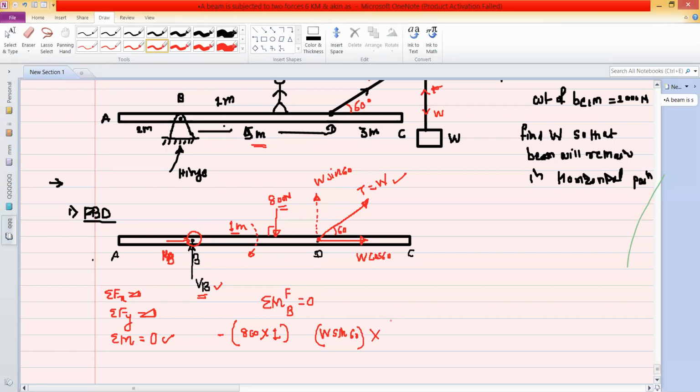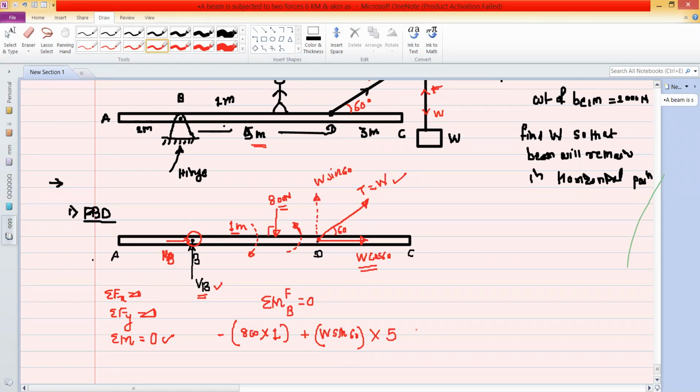And this moment will be anticlockwise about the point B, so it is positive. Next is W cos 60, that is the horizontal component of the weight or this tension. Its line of action will pass through the point B, so there is no perpendicular distance with respect to point B, and therefore the moment by this W cos 60 will be 0.